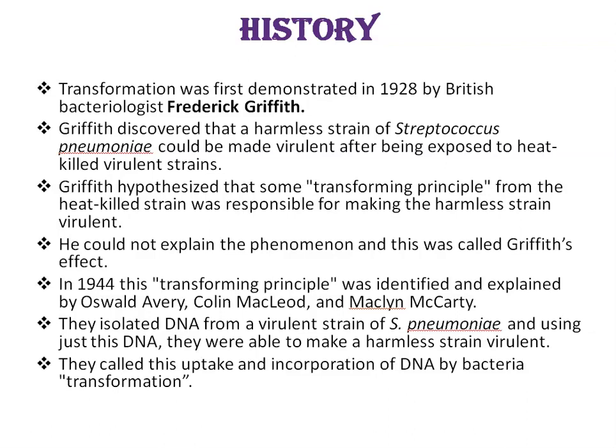So Griffith hypothesized that some transforming principle from the heat-killed strain was responsible for making the harmless strain virulent. But he couldn't explain the phenomenon, and this was called Griffith's effect. In 1944, this transforming principle was explained by other scientists like Oswald Avery, Colin MacLeod, and Maclyn McCarty.